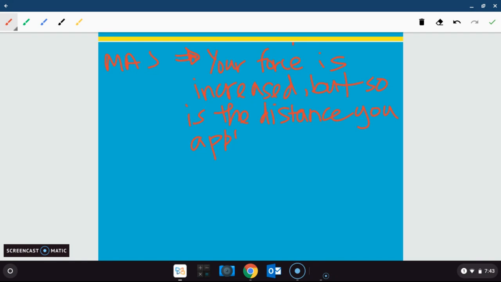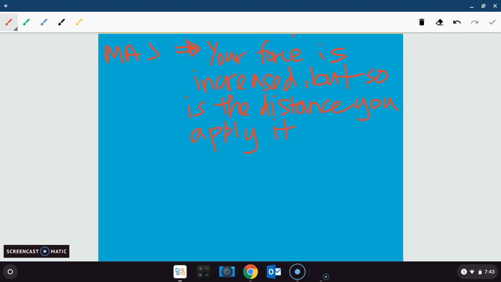So this would be what you win on the force. So I get to apply less force, but I will have to do it over a longer distance.